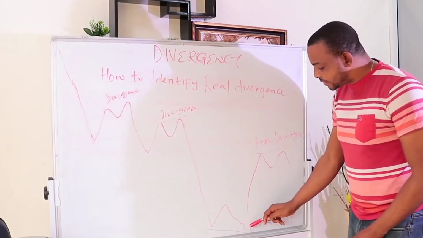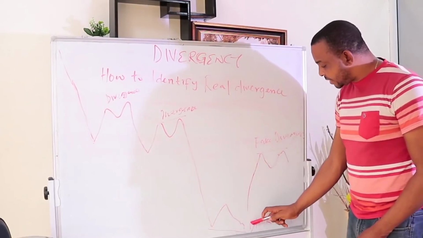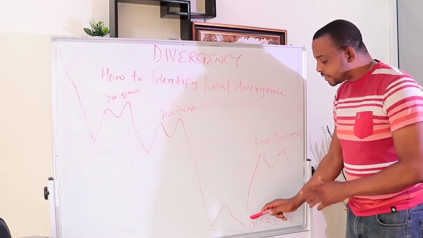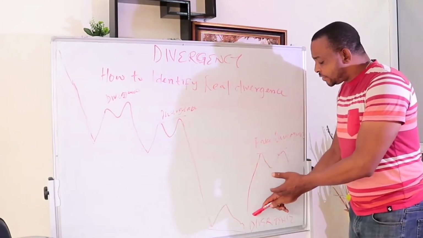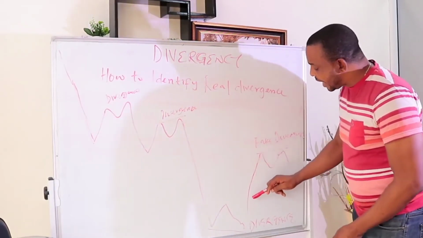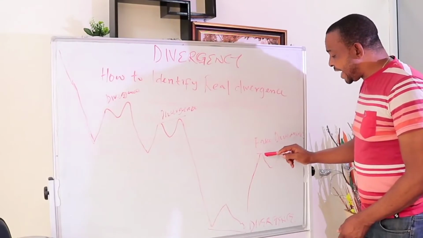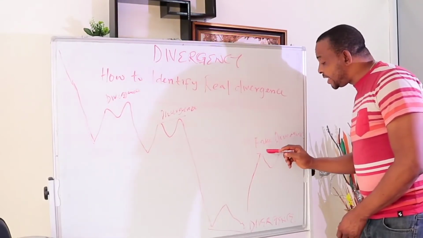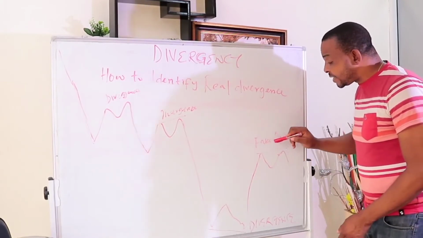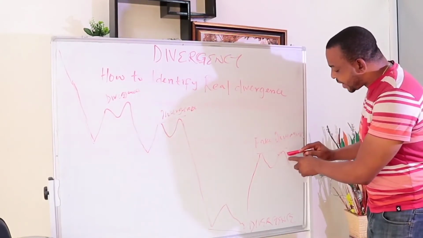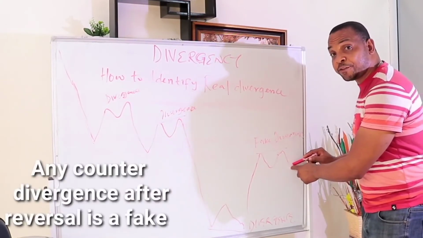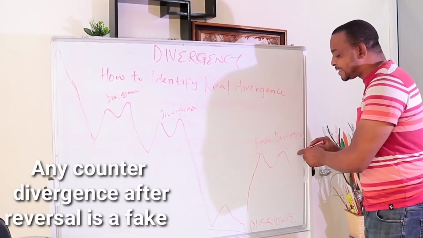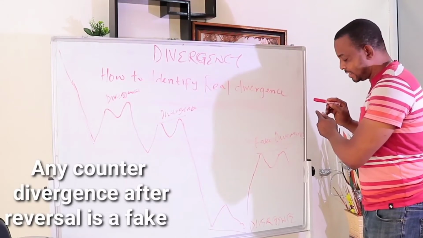As the macro reverses the market through this divergence, the market begins to move up. You will notice that as this market is moving up, and you now see any divergence here, this divergence is just a fake divergence to bring price to EMA, either 50 or 200, and continue the second leg.